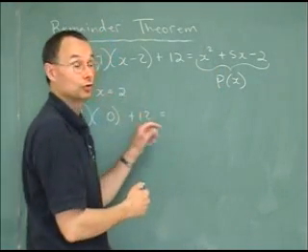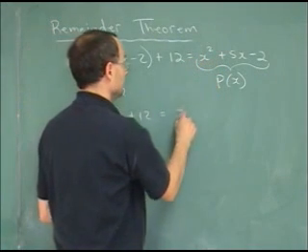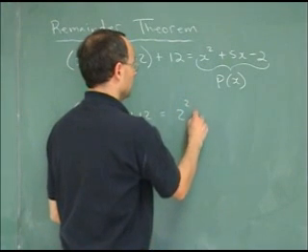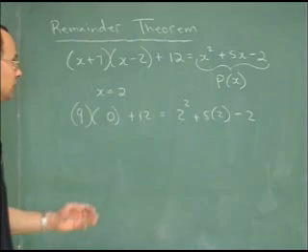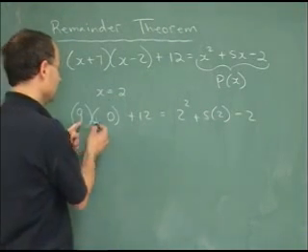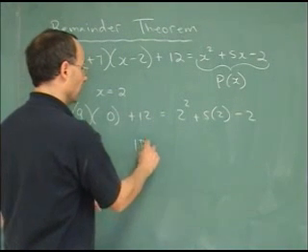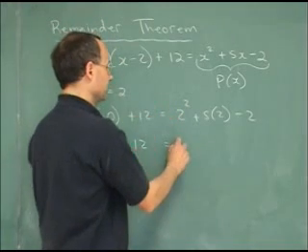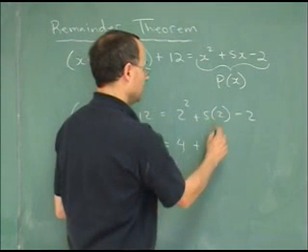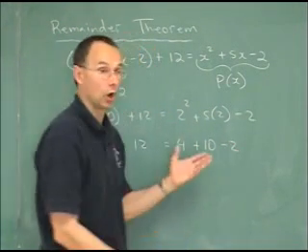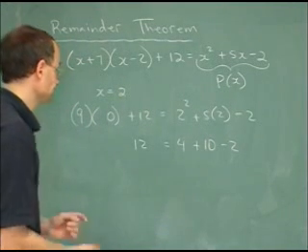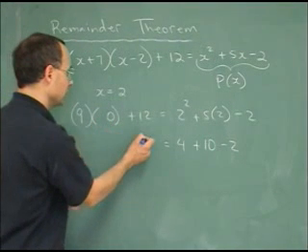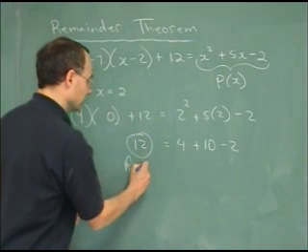Since x equals 2, we're going to substitute that in on the right. 2 squared plus 5 times 2 minus 2. And of course, what's going to happen is that's 0 plus 12, or 12. And over here we get 4 plus 10 minus 2, which also equals 12. The important thing to note here is what we have left over here is the remainder.